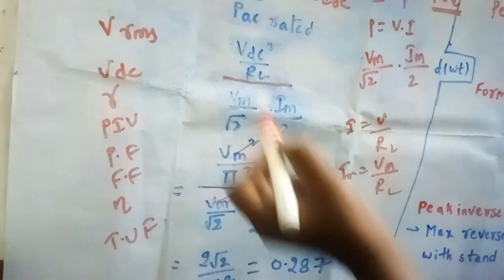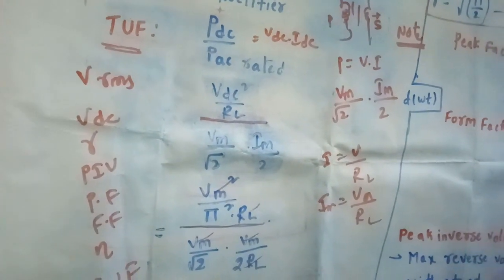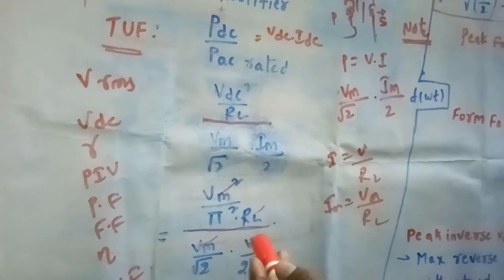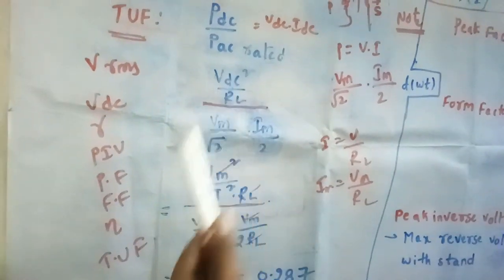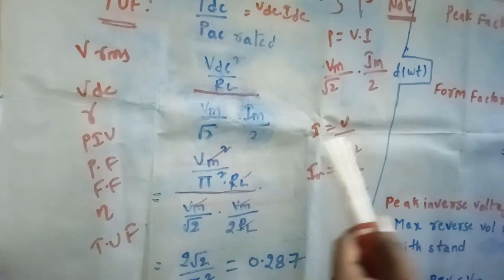In short answers they may ask for the definition of the transformer utilization factor in a half wave rectifier, like that. So any one of them may be asked separately. That's why you should prepare all the parameters completely for one rectifier.